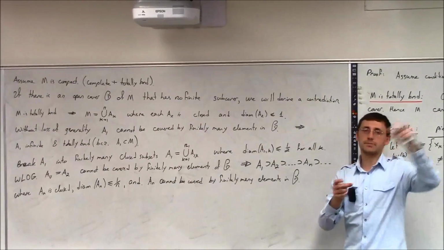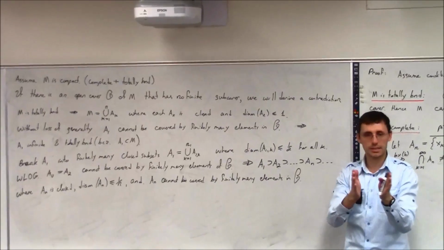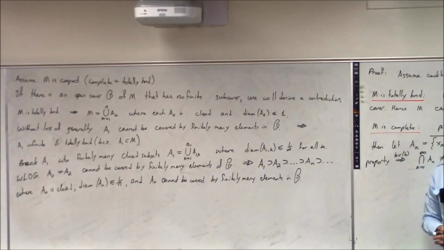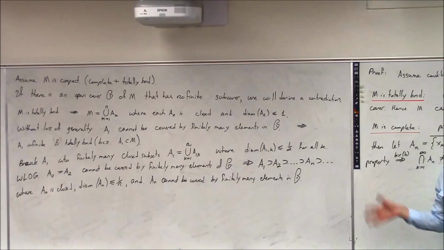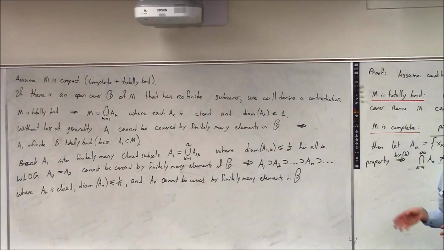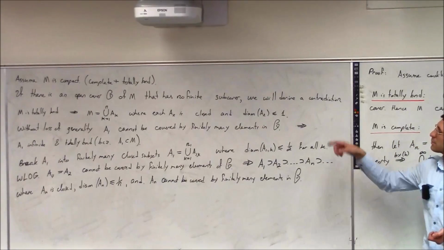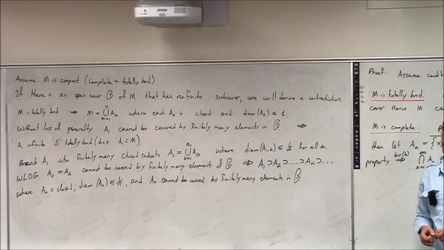So you see what I do? I just continue tearing and decreasing the size of the sets in this way, and each of them is not covered by finitely many elements of G. Because if it happens that at some point we stop, then that would imply that M is covered by finitely many pieces.